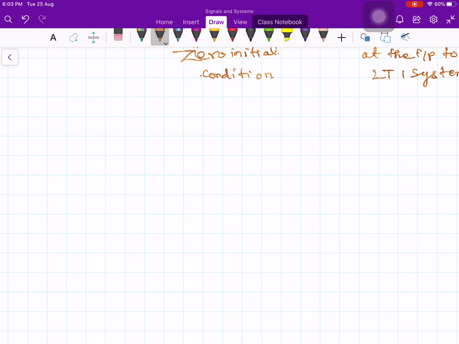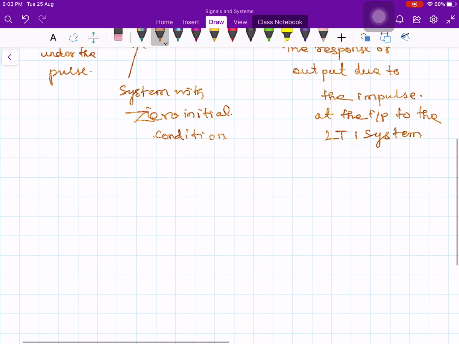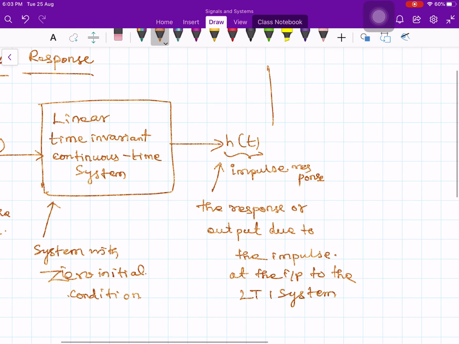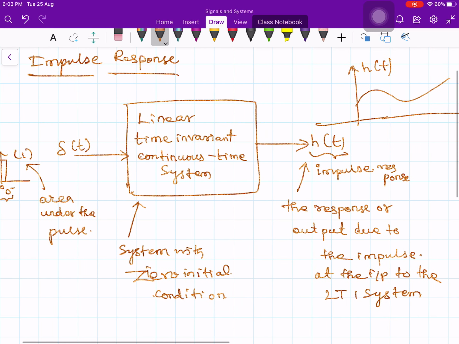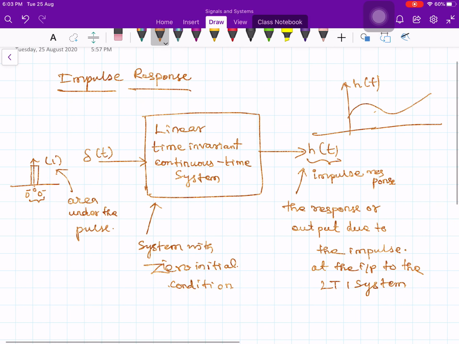Now the output is some arbitrary output like this. This is my h of t. So you are giving only one pulse, but the system produces this kind of waveform in the output. Just for representation purposes I have drawn this waveform; not every system necessarily produces this kind of waveform.